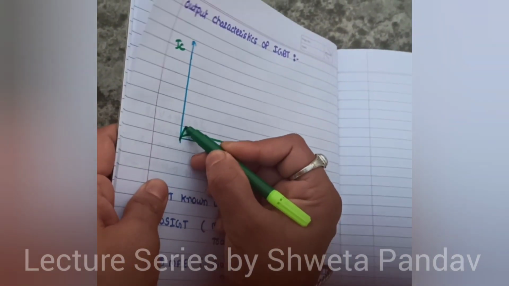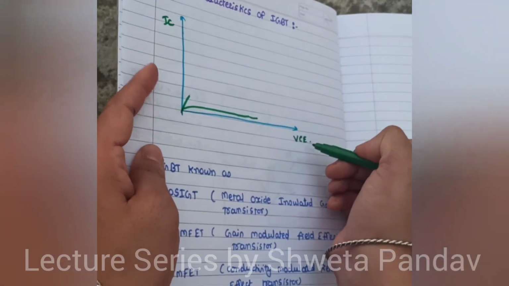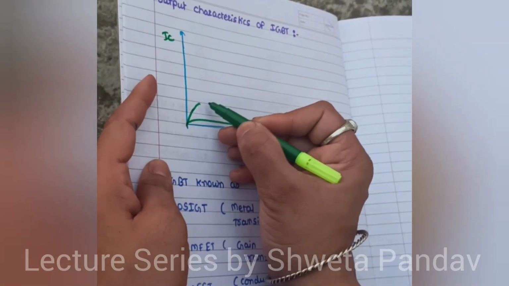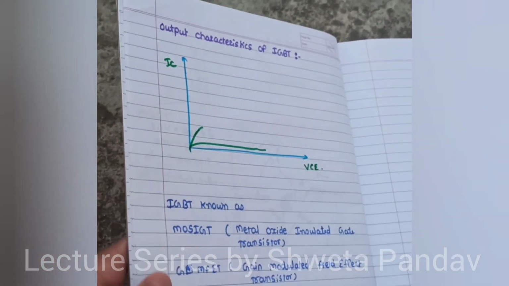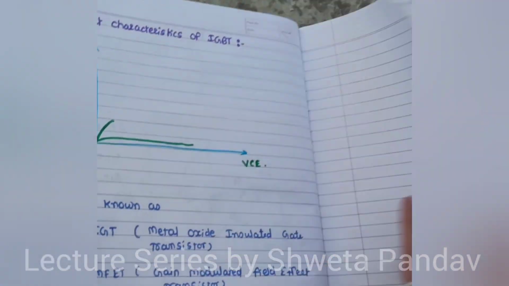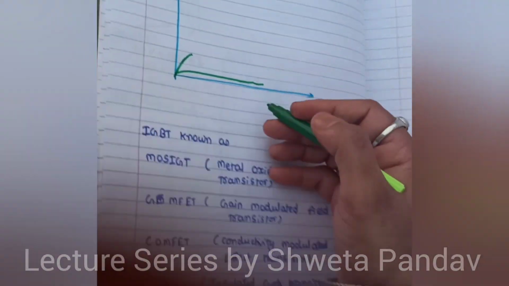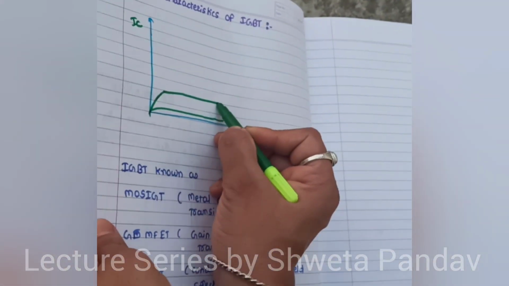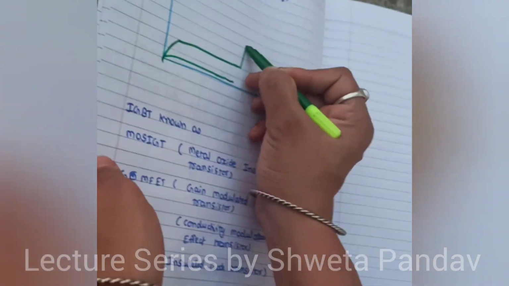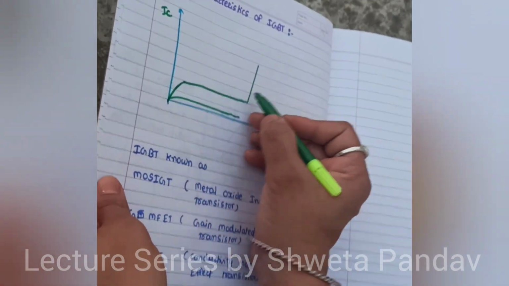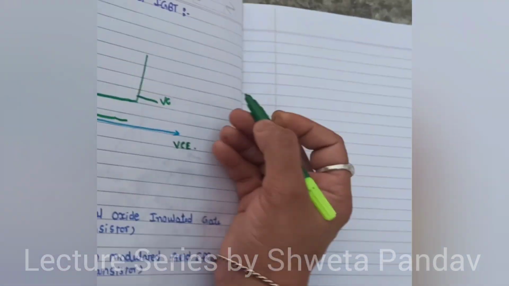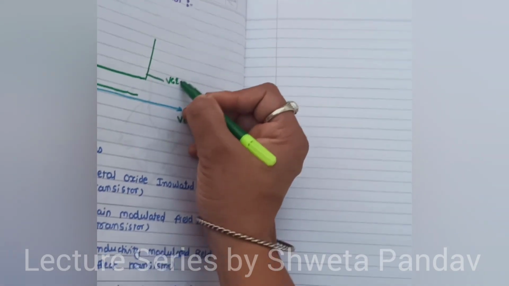Now after increasing VCE, the current increases initially, then it remains constant for some time, and after breakdown it increases sharply. So this is, suppose, for VCE1.